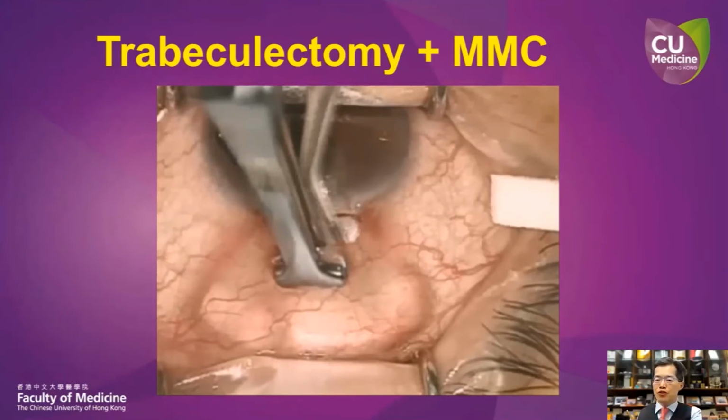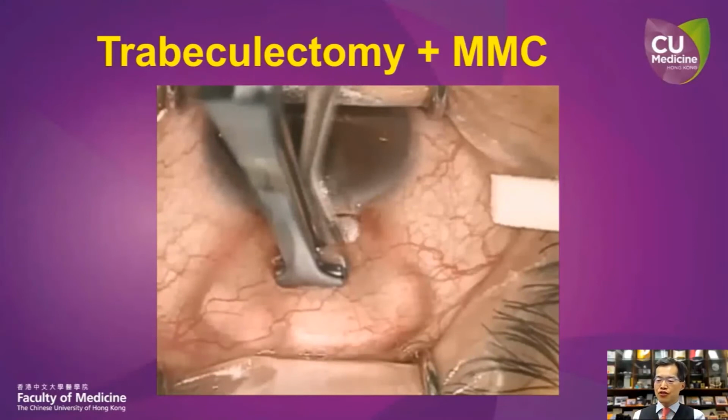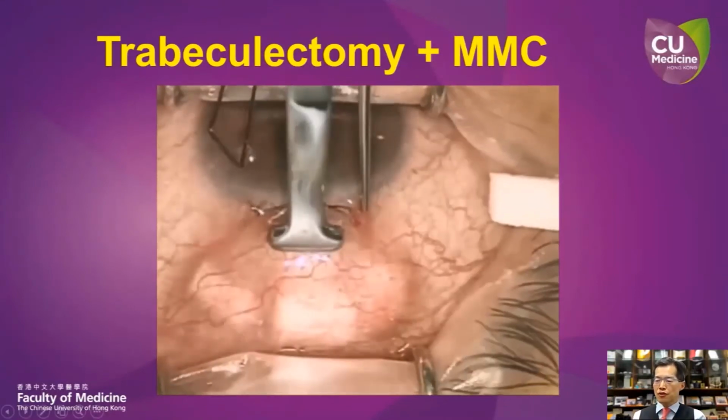I normally put in 3 sponges for 1 minute, and then I replace these 3 sponges with another 3 that are fresh, and I time another 1 minute. And then I replace the second lot of 3 with the third lot of 3 fresh sponges with mitomycin C for a final 3rd minute. Okay, and then after 3 minutes of mitomycin C application, then I flush the whole surgical site with 20 ml of balanced salt solution.